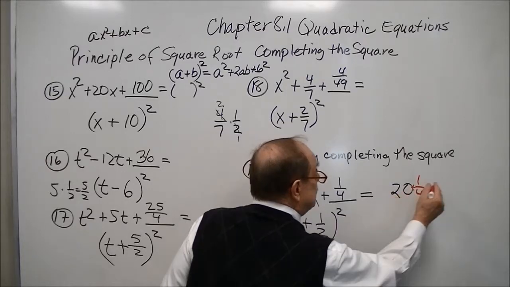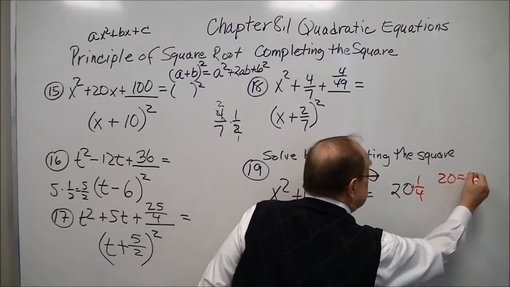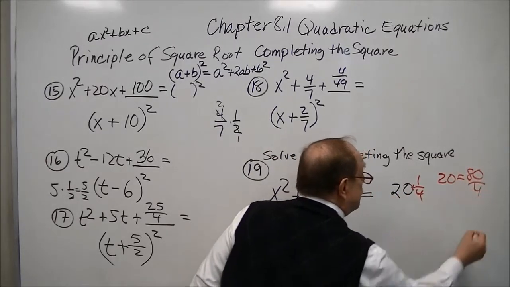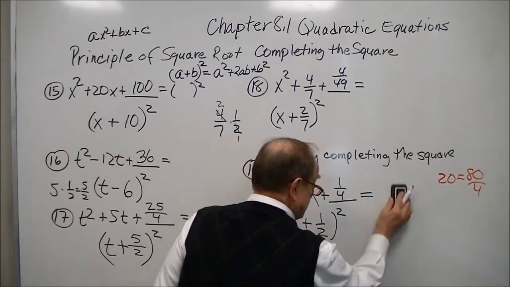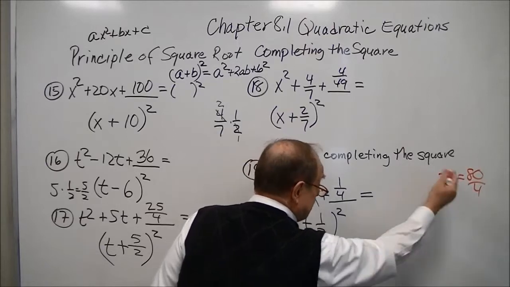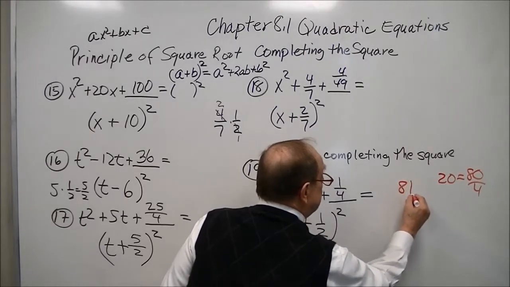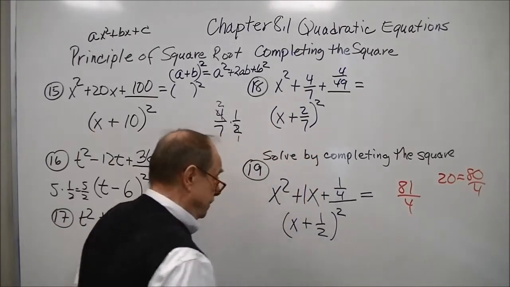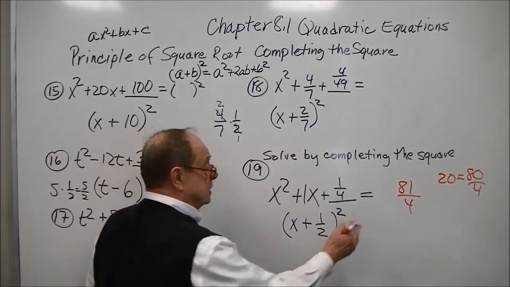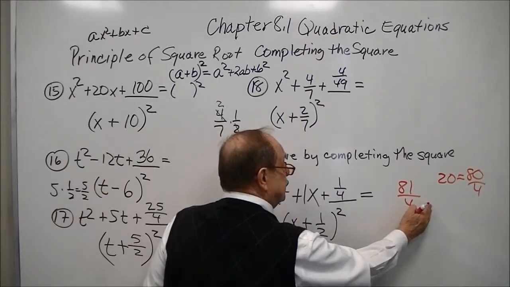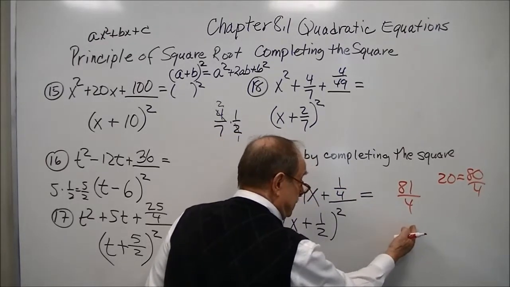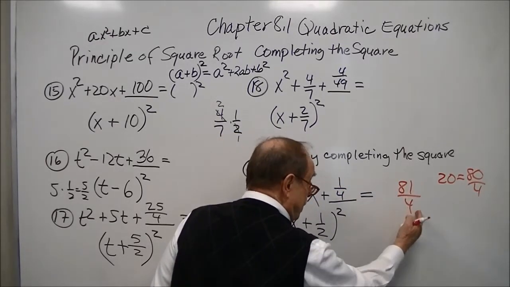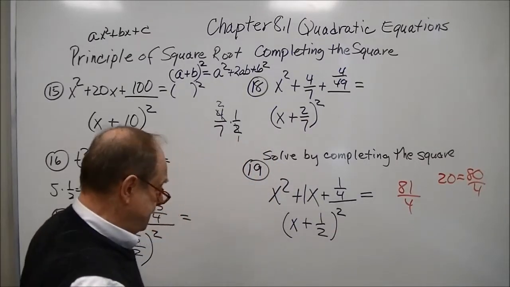So can you see that this 20 is going to be 80 over 4? So I'm going to do that. In fact, I'm going to add the 1 to it, so I get 81 over 4 now. So again, there was a 20 there originally, and I'm adding 1/4 to it, and I now get 81 over 4. Okay.